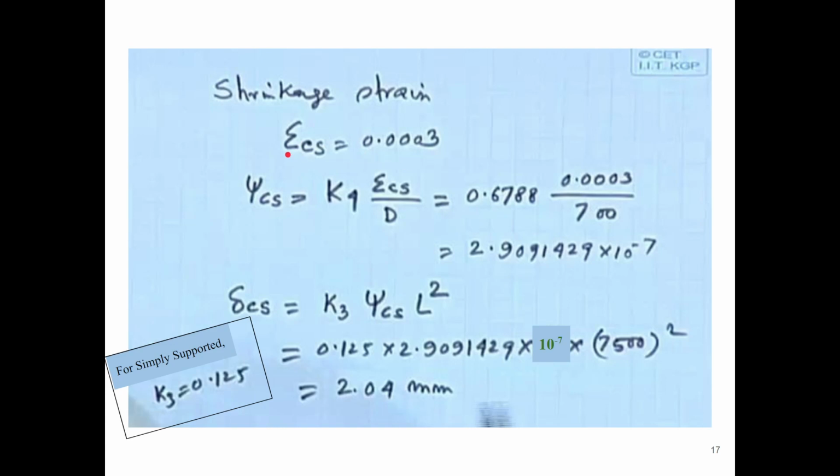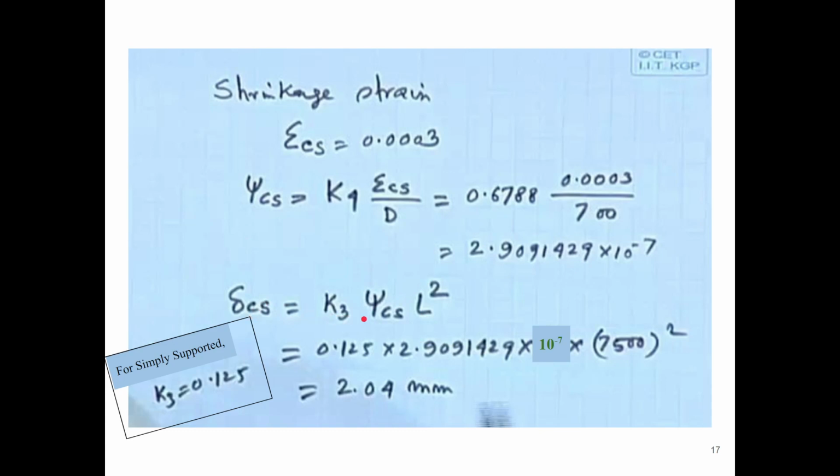As I told you, the εcs value is fixed at 0.0003, capital D is 700 mm and K4 is 0.6788. So ψcs comes to be K4 εcs by D, that is 2.9091429 into 10 to the power minus 7.